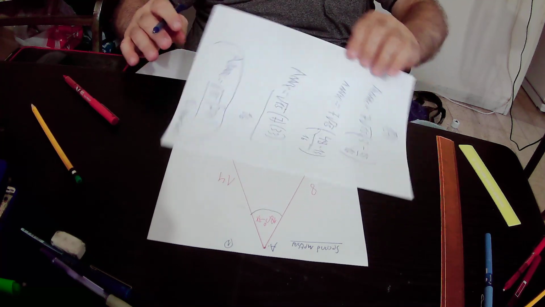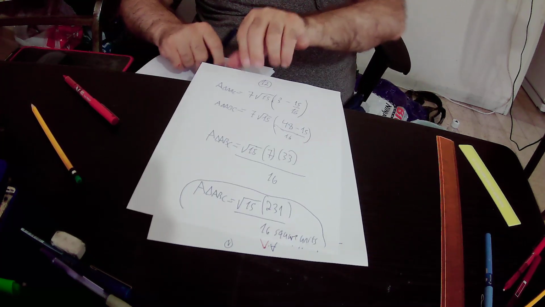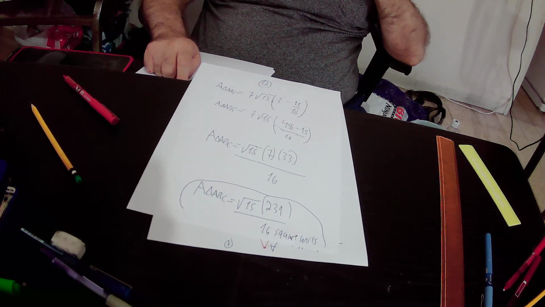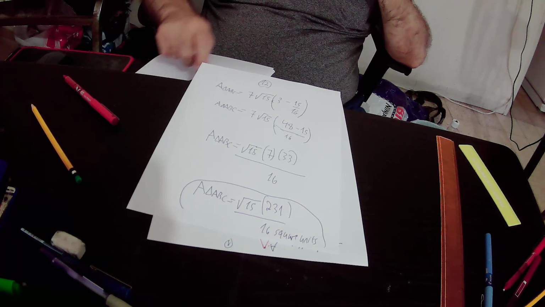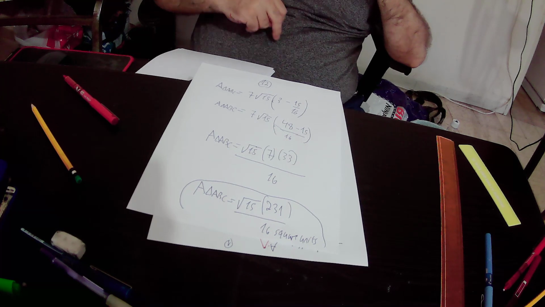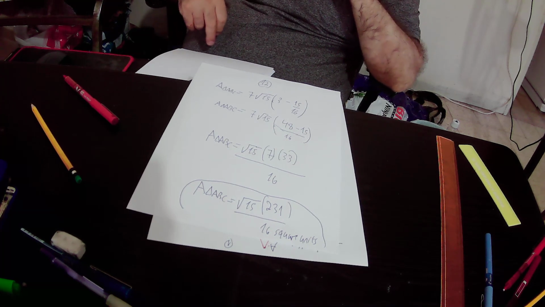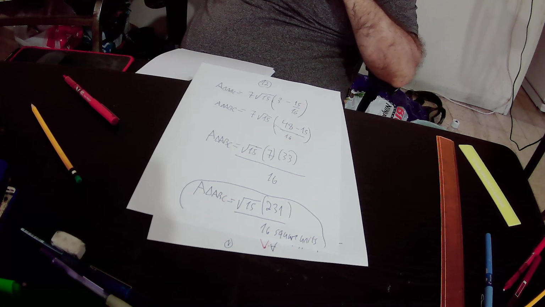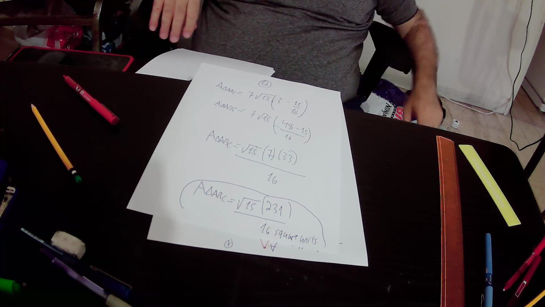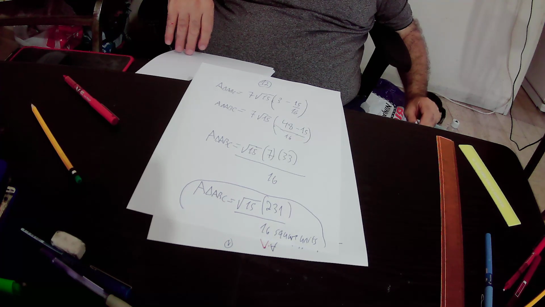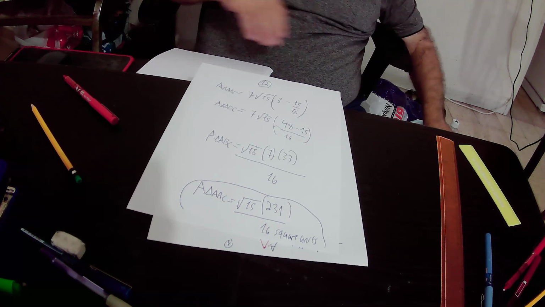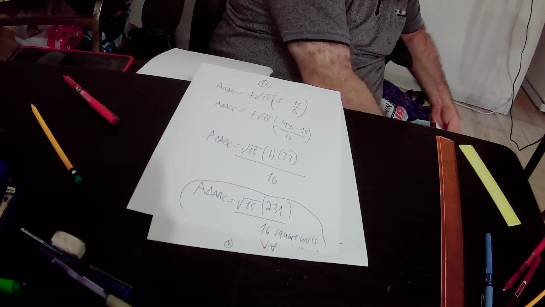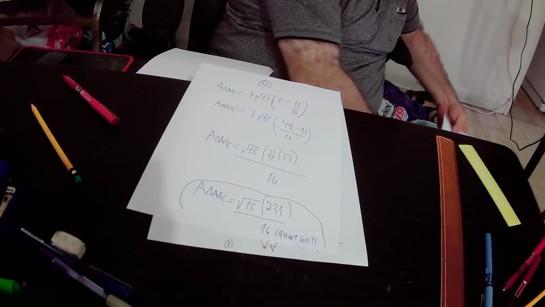So we found out that the area of triangle ABC equals root 15 times 231 over 16, and we will check if we found the same result according to our first method.